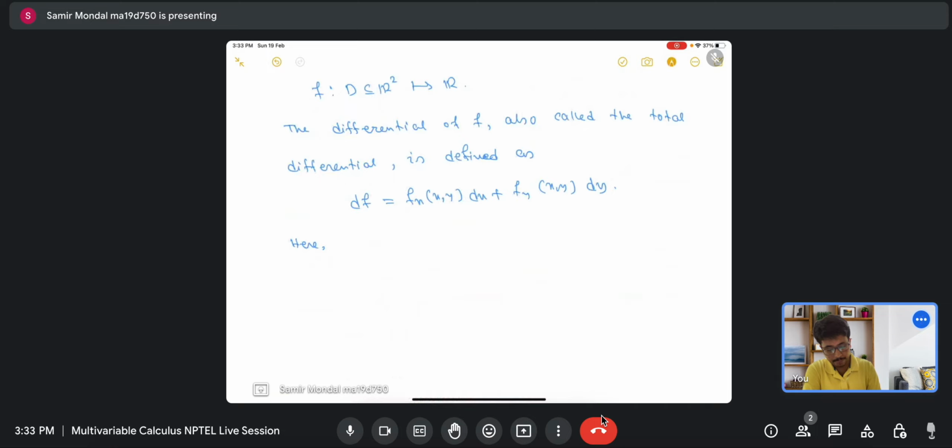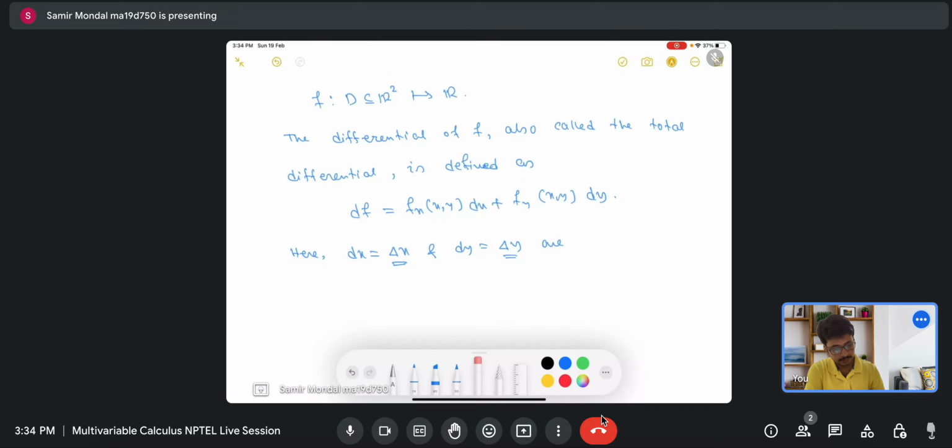So if you put dx equal to del x and dy equal to del y, as in the increment theorem, basically this del x and this del y are the increments in x and y respectively.